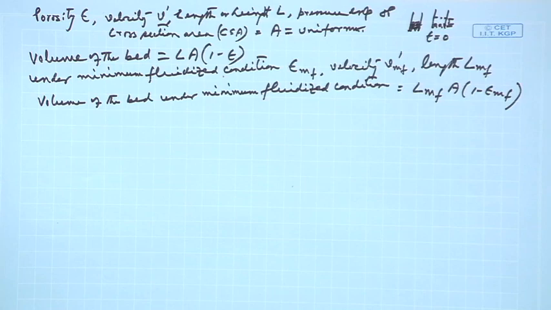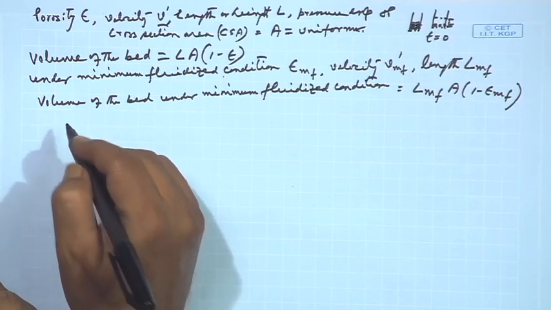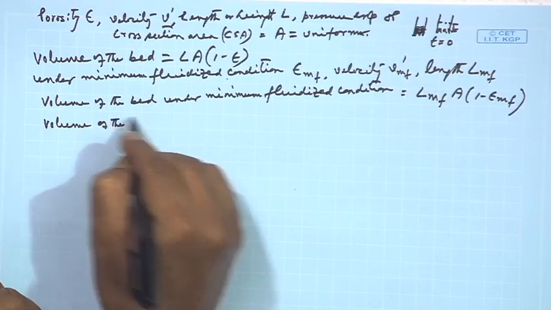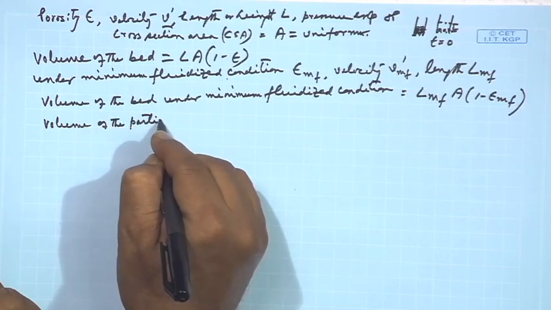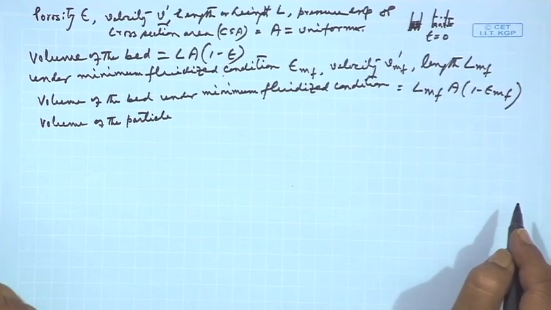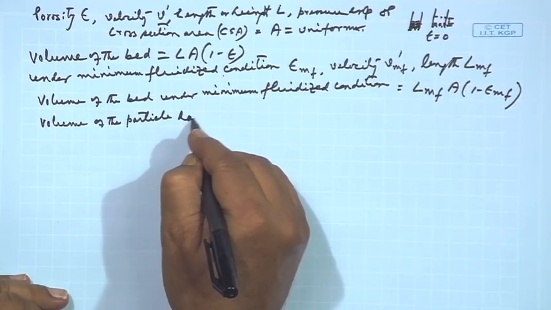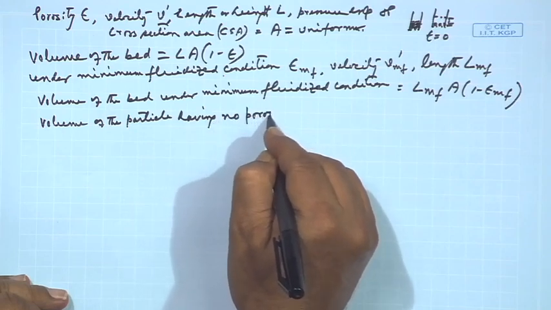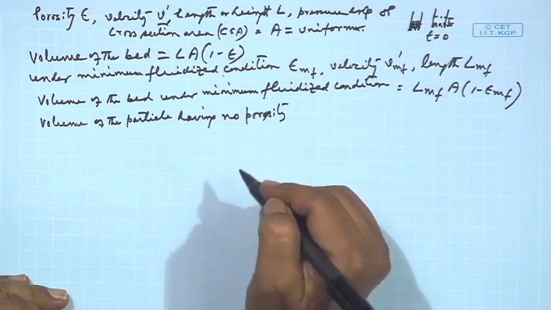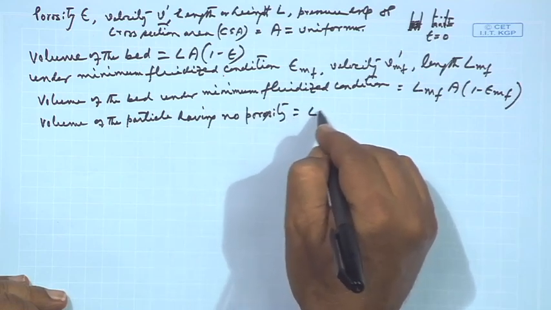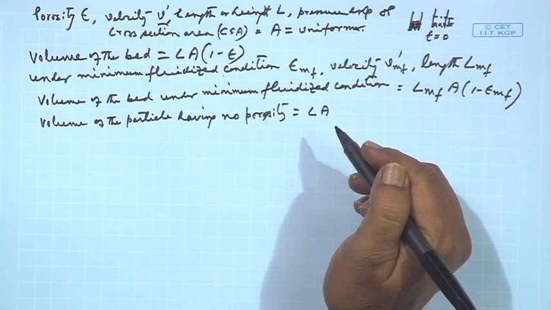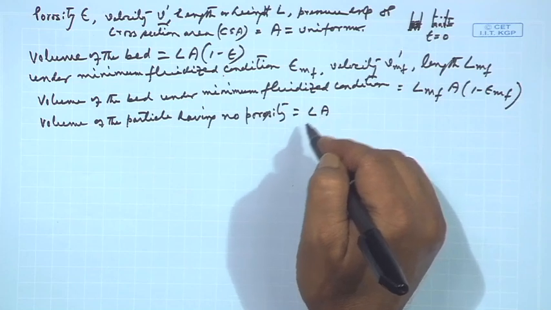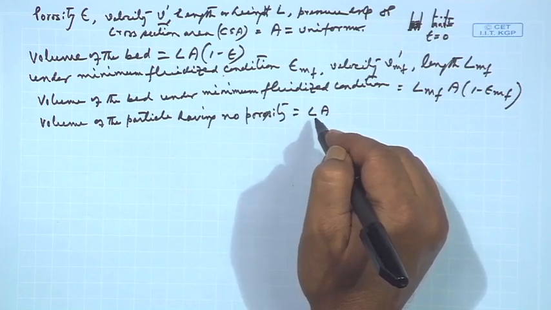In that case, the volume of the particles having no porosity should equal L into A, where A is the cross sectional area and L is the bed height.